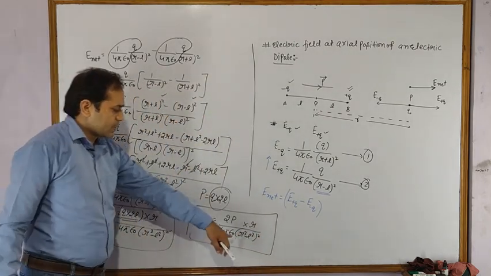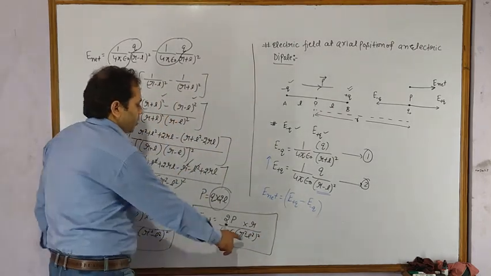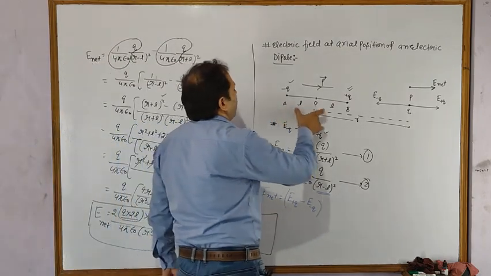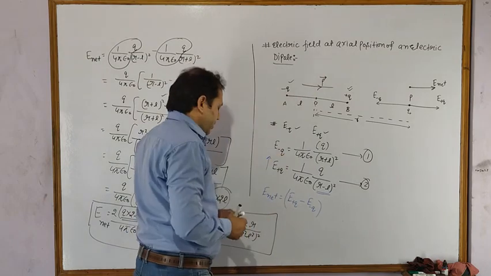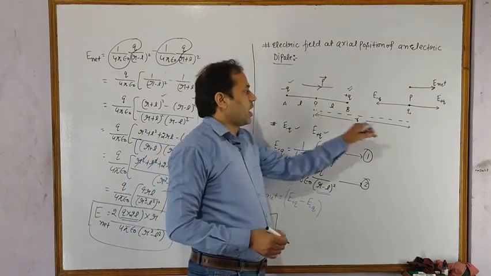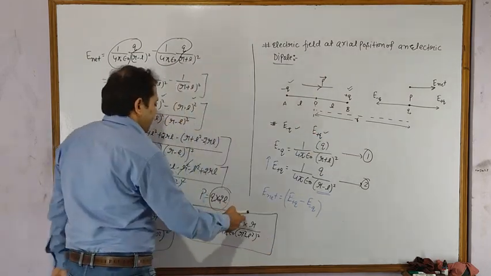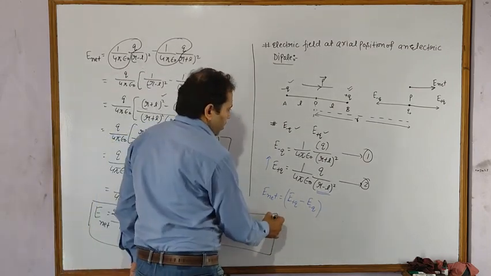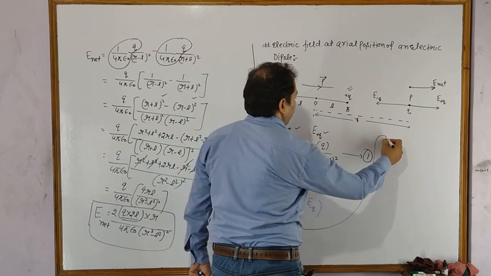You can take an assumption that the distance between the dipole charges is already much less than the distance r. So you can take this approximation, and after applying it, the final equation can be written here.